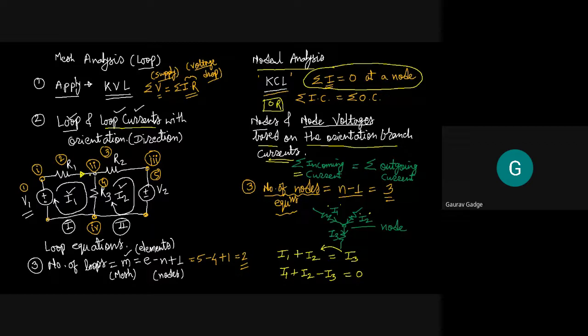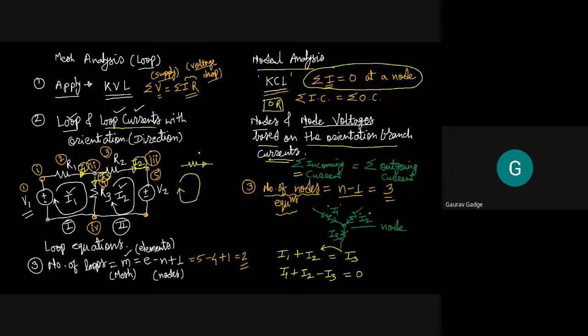If I say we have I1, I2, and I3, then these 3 currents are called branch currents. That is the difference between loop current and branch current. Loop current means the current which is considered in the loop, and the branch current means the current which is passing through or follows the path of the resistance or the elements present in the circuit.